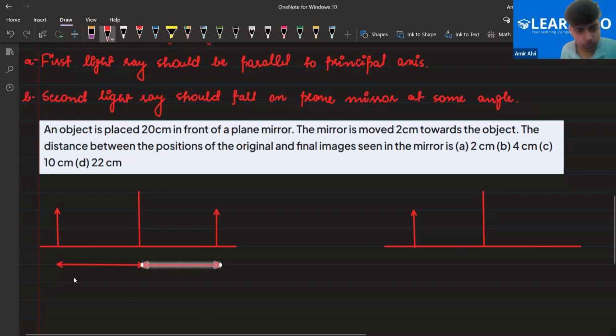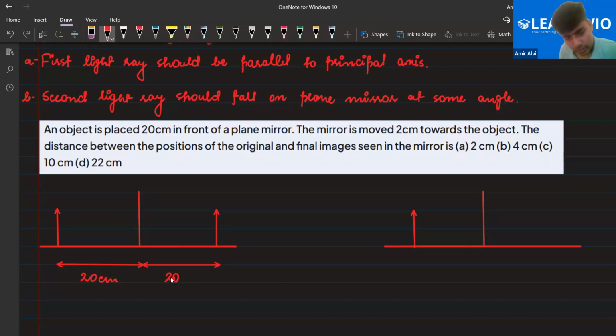So if you draw that, it would be 20 centimeter, it would be 20 centimeter. So this was the initial case, right? But after the 2 centimeter distance is reduced, now it is 18 centimeter, right?